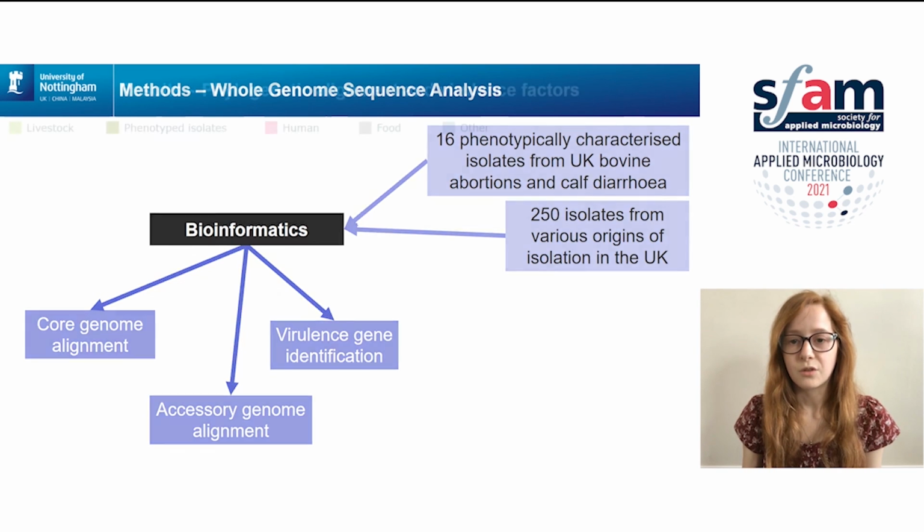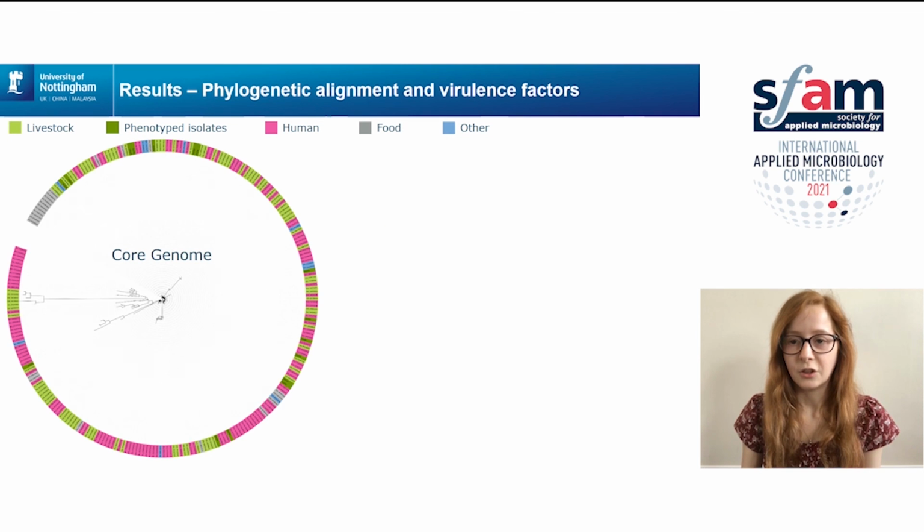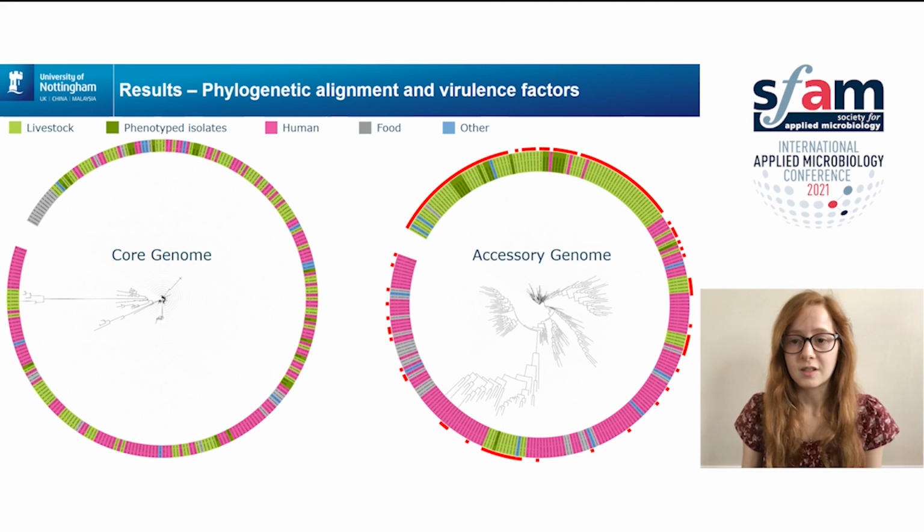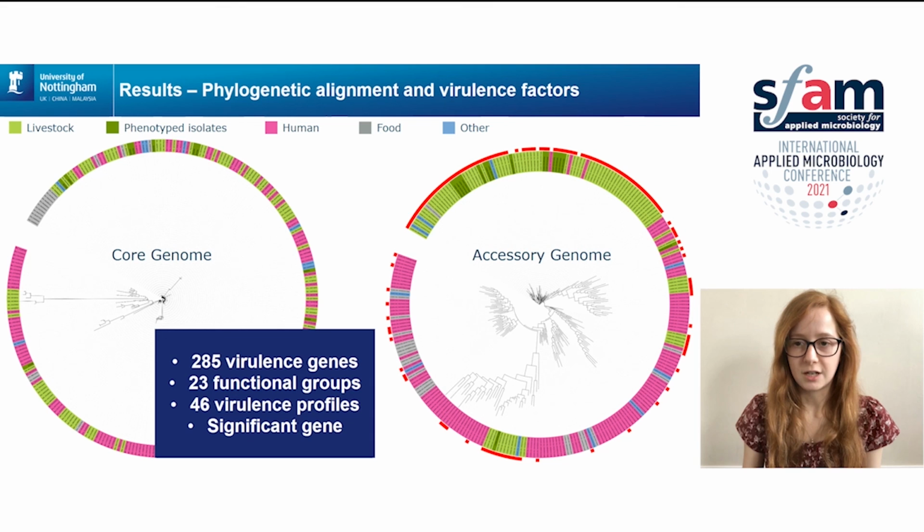The core and accessory phylogenetic alignments demonstrate that the 16 isolates used in the phenotypic study were representative of a wider population of UK isolates, and the tree based on the accessory genome shows distinct clustering of isolates from livestock sources. We identified 285 virulence genes, which were categorised into 23 functional groups, and from this we identified 46 virulence profiles.